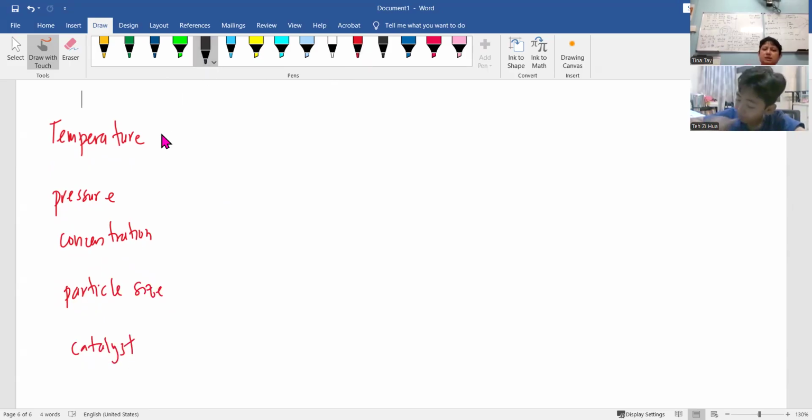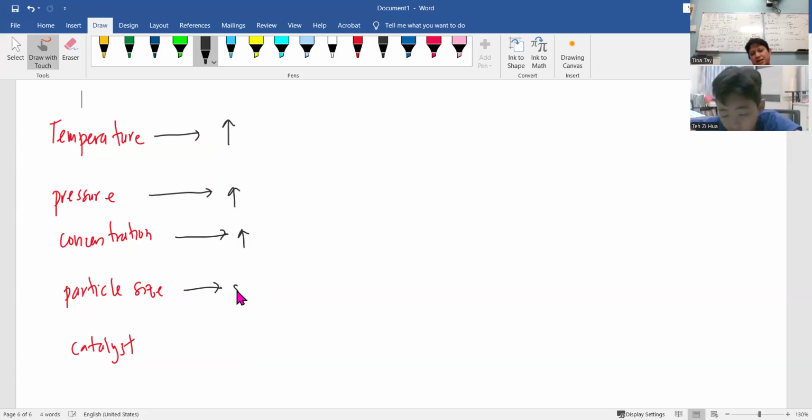Temperature higher, pressure higher, concentration higher, particle size smaller, catalyst just has to be present. No need to be big or small, just present.